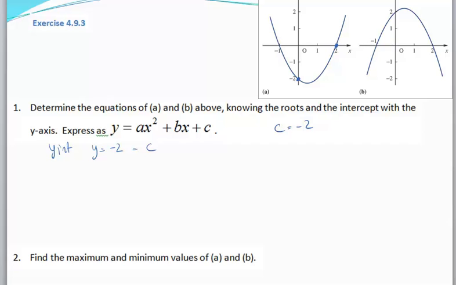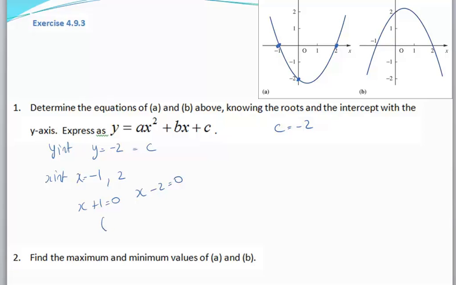Now we have our 2 points where we cut through our x-axis. So if we look here, our x-intercepts are minus 1 and 2. So working backwards from how we were working before, here x plus 1 is equal to 0, and here x minus 2 is equal to 0.